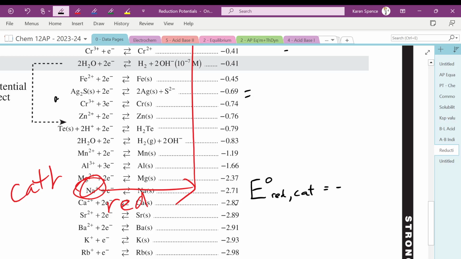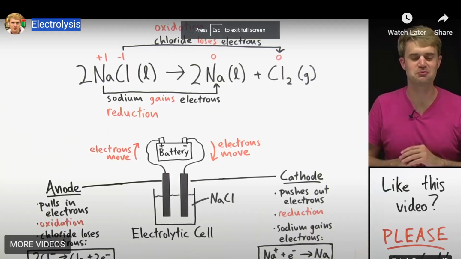Yes. Yes, I can pull up Tyler's diagram. No, it is.